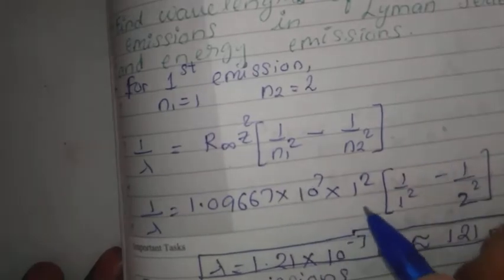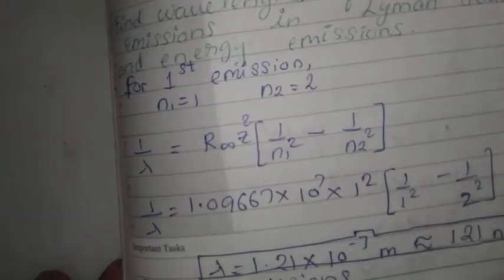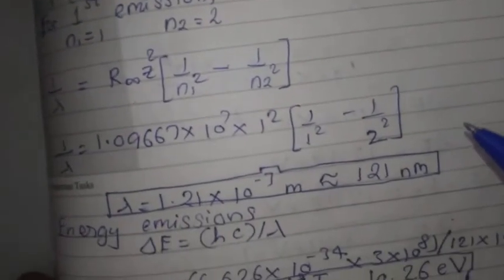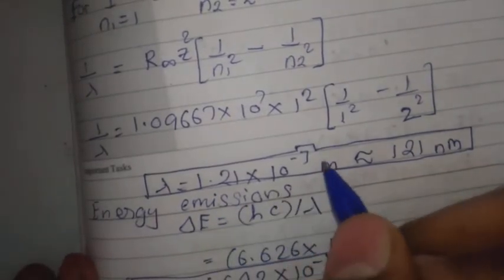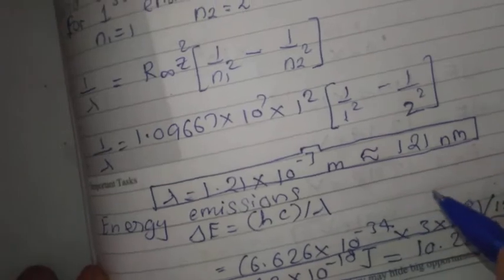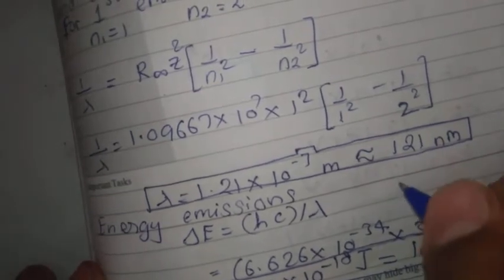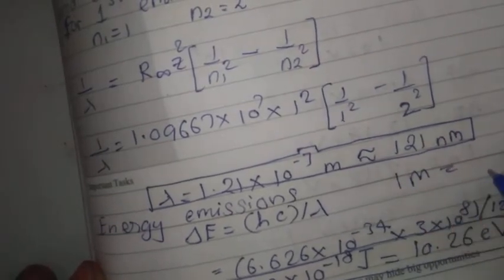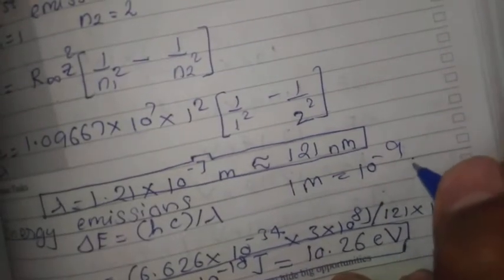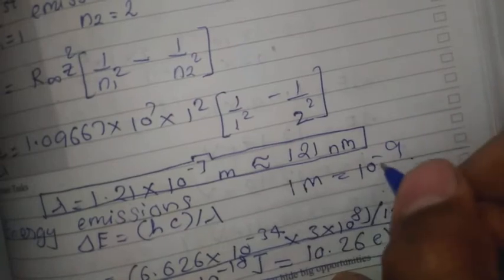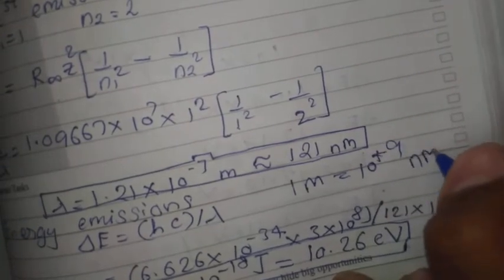Z is equal to 1 because the atomic number of hydrogen is 1. So lambda comes out to be 1.21 into 10 to the power minus 7 meter, which equals 121 nanometer, and 1 meter is equal to 10 to the power 9 nanometer.